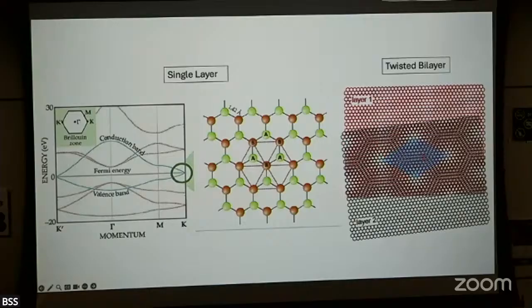Basically, the stacking between the two layers varies periodically. The length scale of this stacking periodicity is inversely related to the twist angle, and therefore it's controllable. So what we'll be talking about is the fact that these moiré patterns populated by carriers in this semi-metal act like two-dimensional crystals.